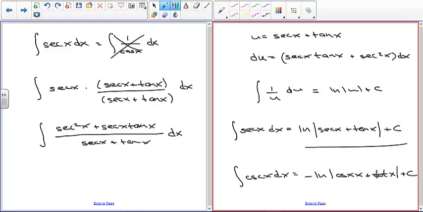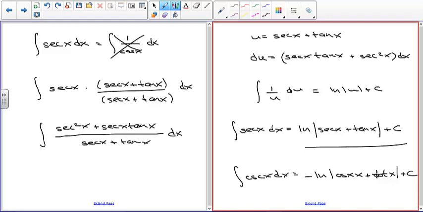One was sine and one was cosine, and one had a positive sign and one had a negative sign. So same thing again, negative sign. That's because the derivative of the cosecant is negative cosecant cotangent, and the derivative of the cotangent is negative cosecant squared. So those two negatives result in a negative here.